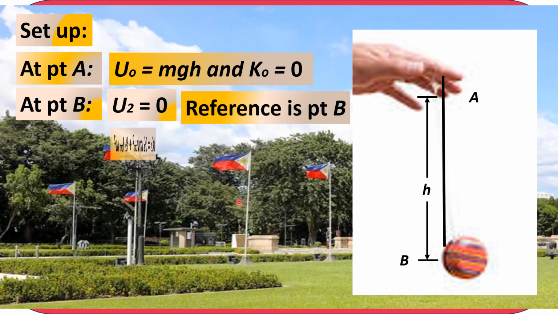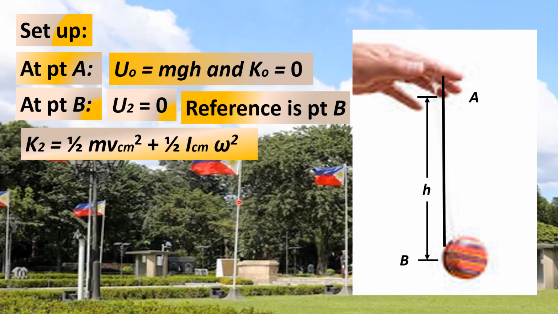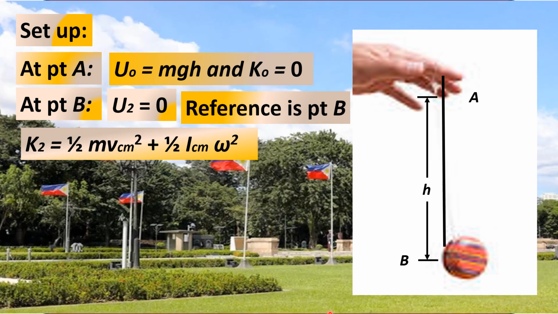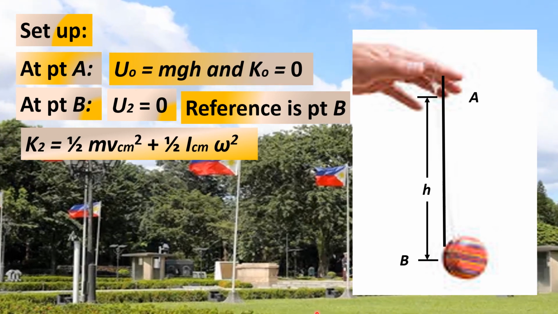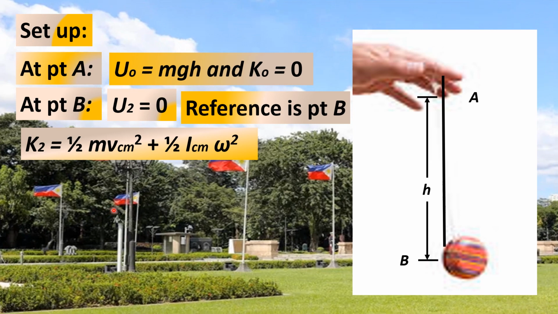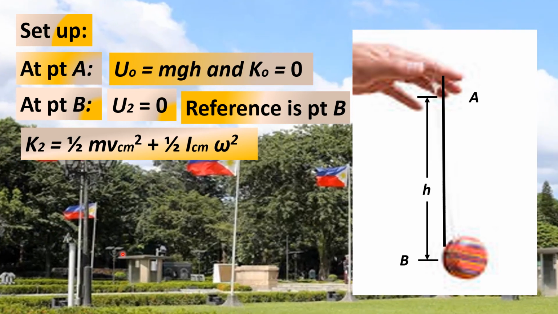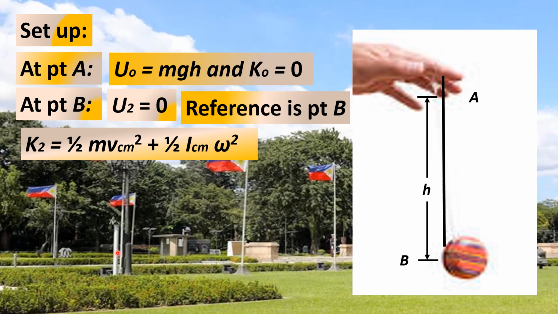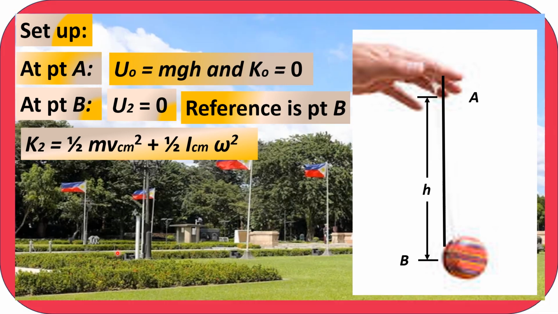Then, at point B, which incidentally is also our chosen reference, its gravitational potential energy, capital U sub 2, will be equal to 0.